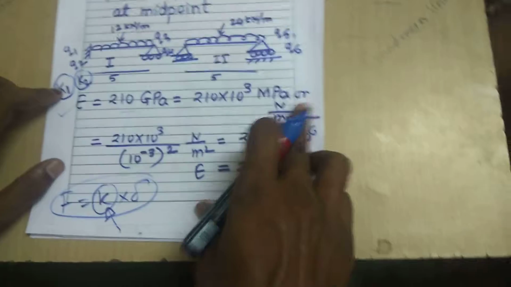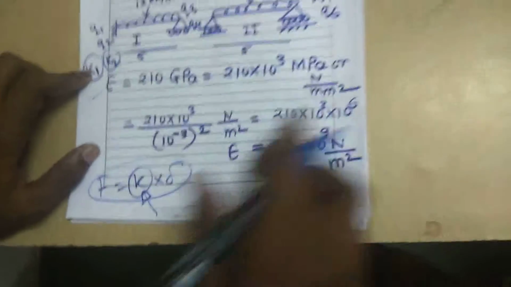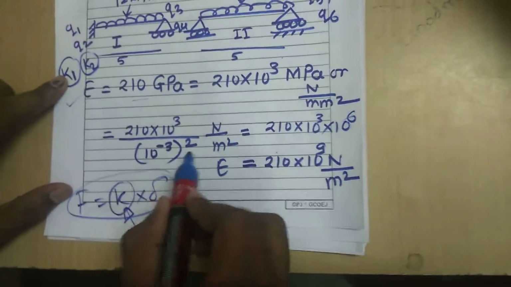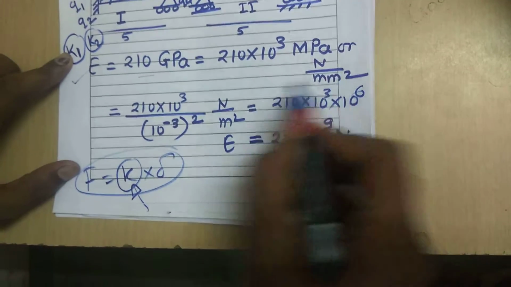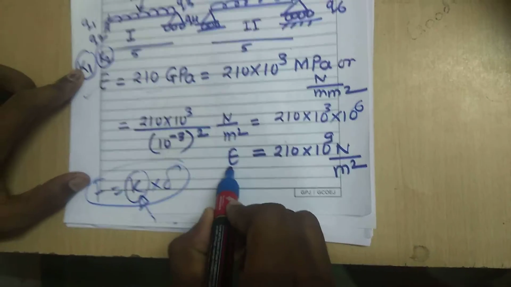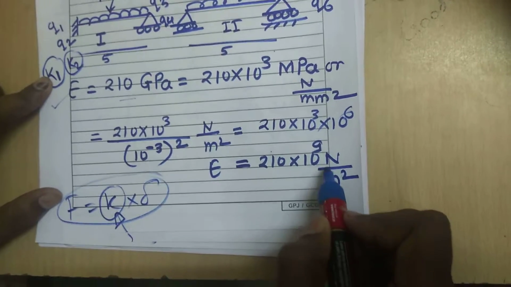This will be converted to MPa, which is Newton per mm square, and then Newton per mm square is transferred to Newton per meter square by multiplying, so the Young's modulus comes to 210 into 10 to the power 9 Newton per meter square.